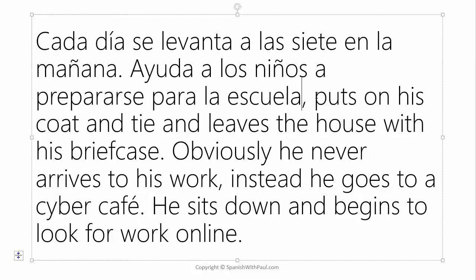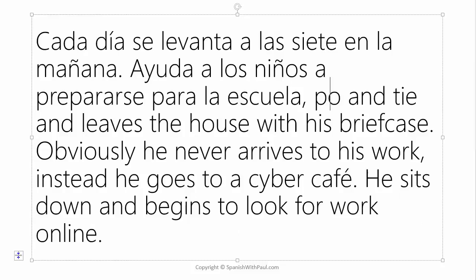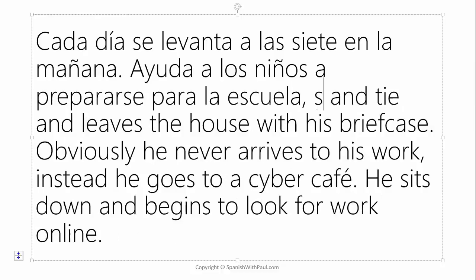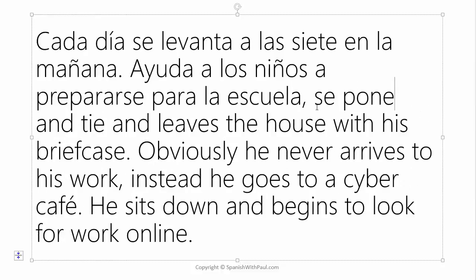Now, he puts on his coat. So they use the verb poner. But the thing is that it would happen reflexively. To put something on, with clothes, things like that, instead of poner, they have ponerse, okay? So it would be se pone. Like this. Se pone, his jacket.